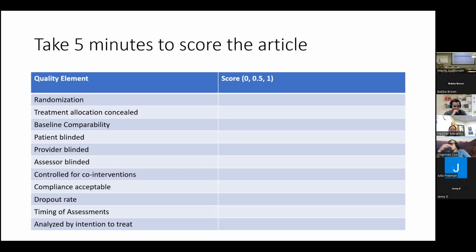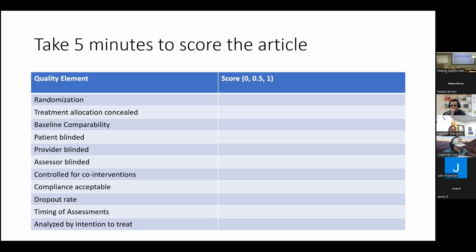All right, are we about ready to give your answers? I've got my handy dandy little diagram here that I've used many times. We're just going to shout out a score for each of the numbers. It's either a 0, they either didn't say how they did it or they didn't do it; a half, which is they said they did it but didn't really explain it; or, if they explained it fully, you understand it, and you're confident that they did that, a 1.